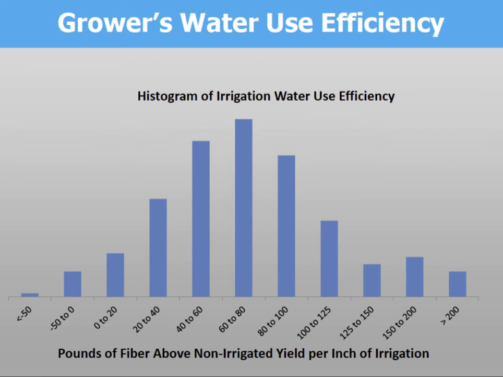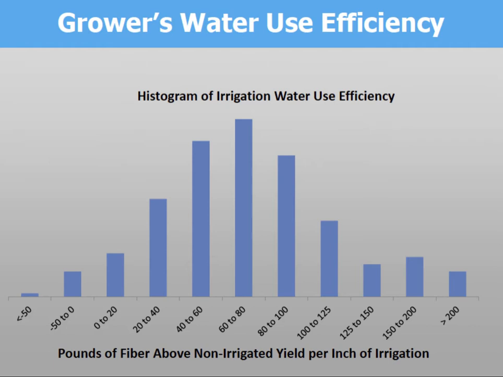This is a slide from some of the work done with Cotton Incorporated. This is a slide that I got from Cater Hake talking about the quantity of yield that you can increase based on the quantity of irrigation that you have above dryland.